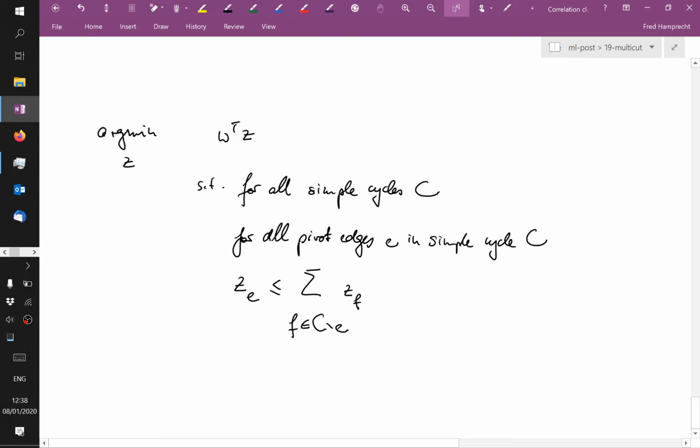Okay, so what we have on the right hand side is a sum over all edges in my current simple cycle, except my pivot edge.